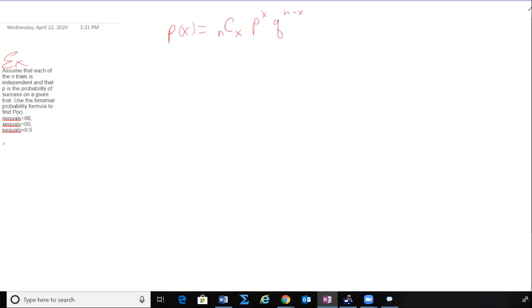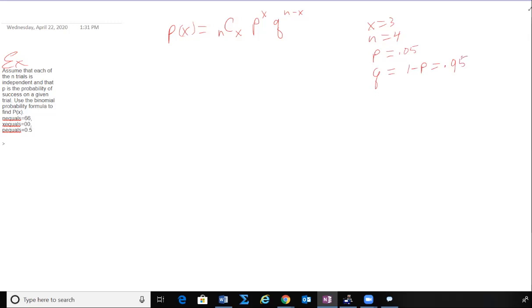And from that, let's see how it's used. From that last example that we talked about, we called our success 3. So X was 3, N was 4 because we had a sample of 4, and the probability of a success P was 0.05, and Q is 1 minus P, which is 0.95.